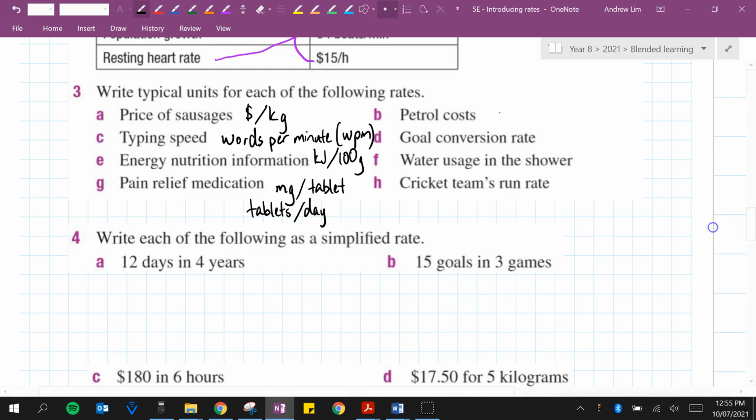Petrol costs, dollar per liter. Goal conversion rate, probably goals per game. Water usage in the shower, most likely liters per minute. And cricket team's run rate, probably runs per over. And an over is 6 balls.